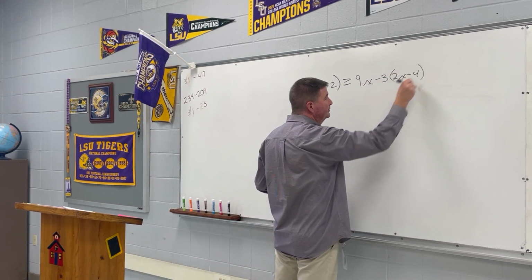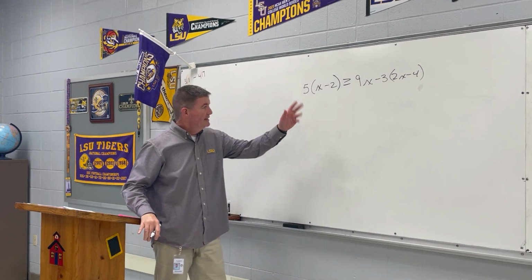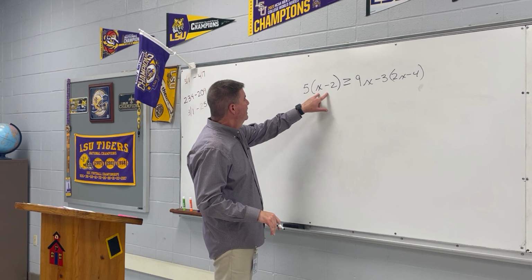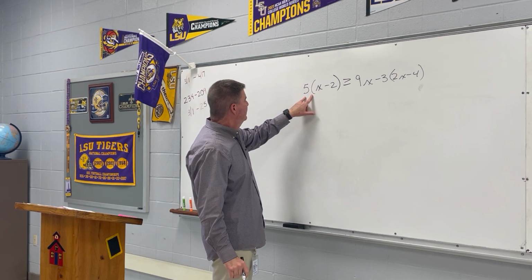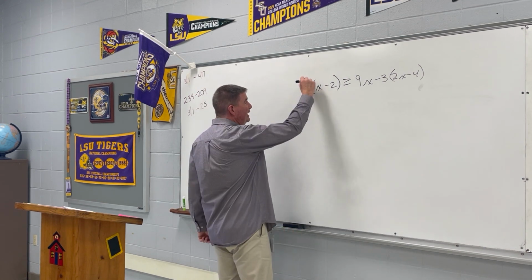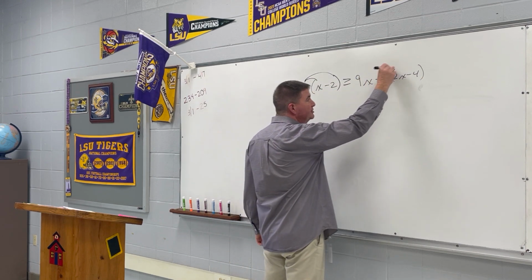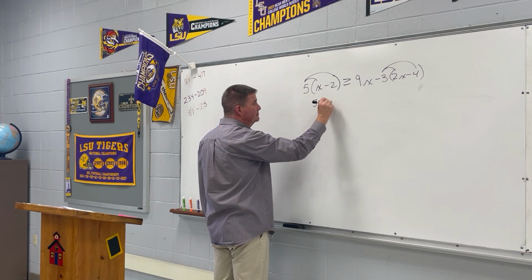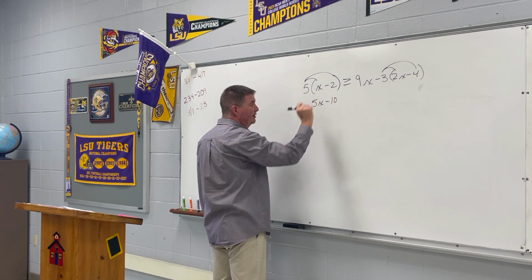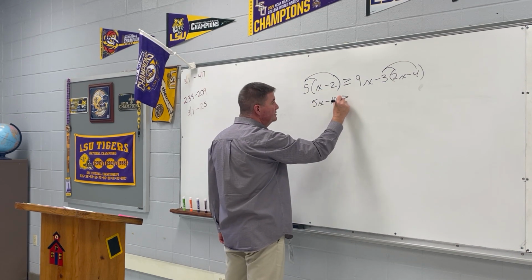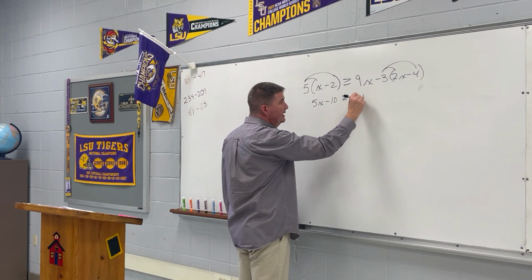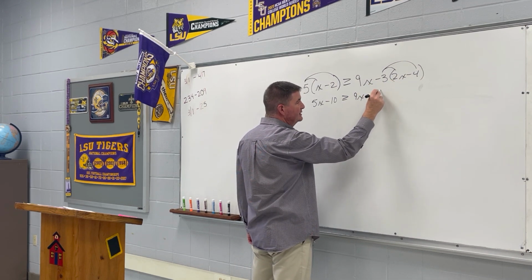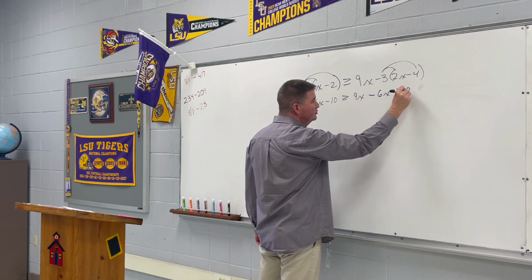Well, same things. We have parentheses, and we have a number multiplied by it, so we're going to distribute. I'm going to distribute to the first, I'm going to distribute to the second. So that's going to be 5x minus 10, because I have to multiply by the negative 2, is greater than or equal to 9x, but then I'm going to multiply the negative 3 to both of these, so that's negative 6x plus 12.